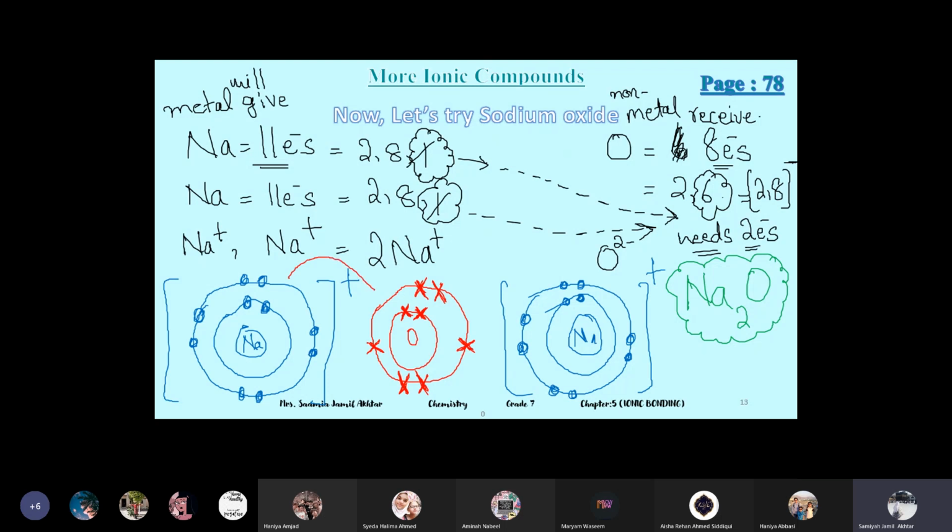This sodium will give 1 electron, circle, and the other sodium will also give 1 electron to oxygen. So now oxygen has a total of 8 electrons in the outermost shell, which is complete. So square bracket and 2 minus. This is sodium oxide. Okay, complete this diagram.